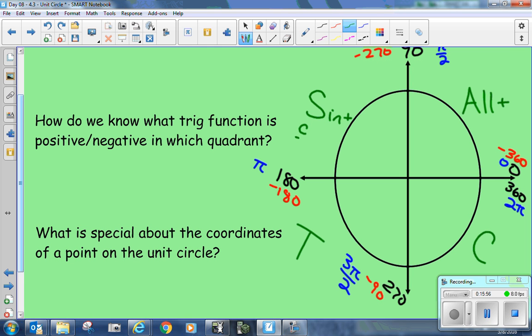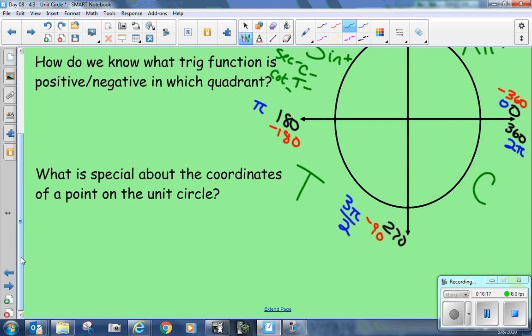That means cosine and tangent are negative. And the same thing holds true about the reciprocals. So if sine is positive in quadrant 2, so is cosecant. That means secant and cotangent are both negative. What about quadrant 3? The T is for? Tan. Tan is positive. That means sine is negative and cosine is negative.